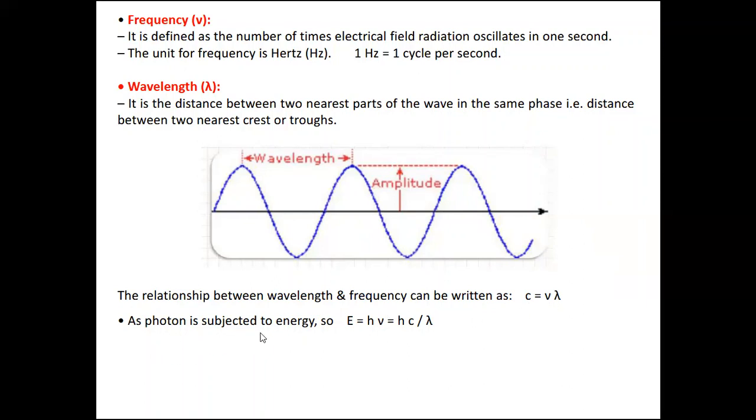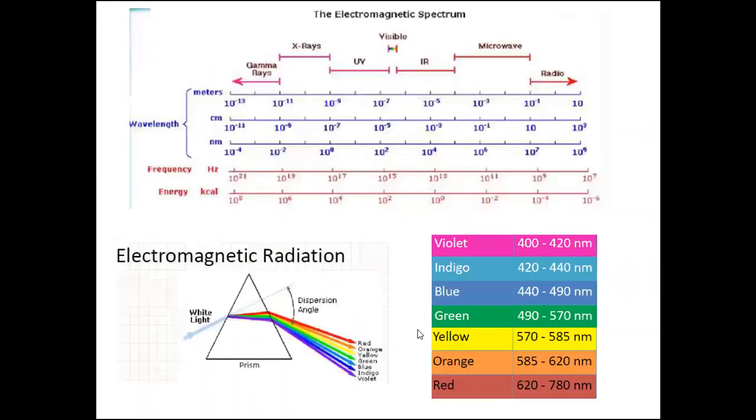As a photon carries energy, we can write E equals h nu, where nu can be written as c by lambda. So the overall equation becomes E equals hc by lambda.